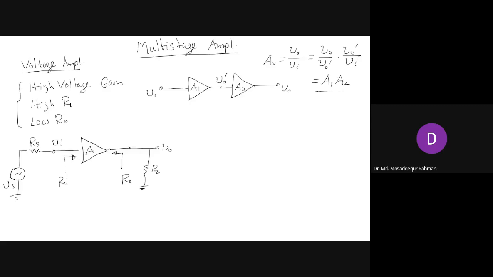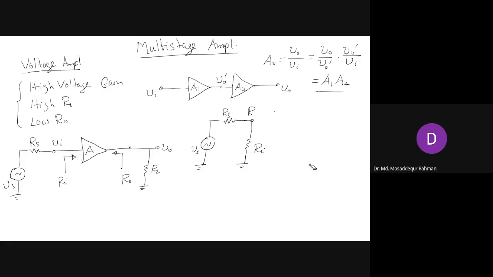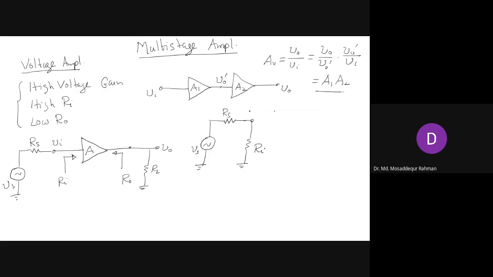Since the input resistance is Ri, the input side circuit can be represented like this: Vs, Rs, and then this input resistance Ri. The voltage across it is Vi.